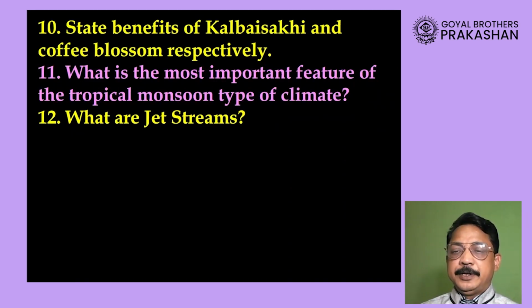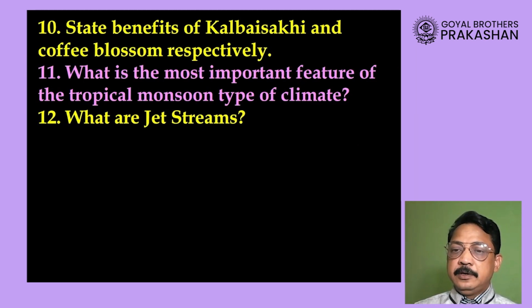Whereas coffee blossom is useful for cultivation of coffee in Karnataka and Kerala. Now, I would like to add here one more question. What is Kalbaisakhi? Dear students, please remember Kalbaisakhi is a thunderstorm. It is a thunderstorm experienced in West Bengal in the month of May, which in local language, according to the Hindu calendar, is the month of Baisakh.